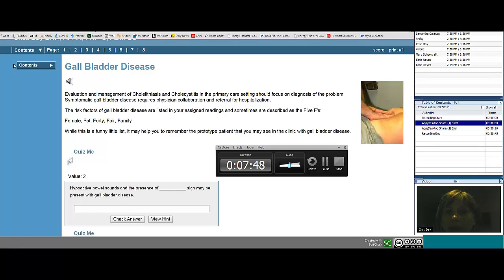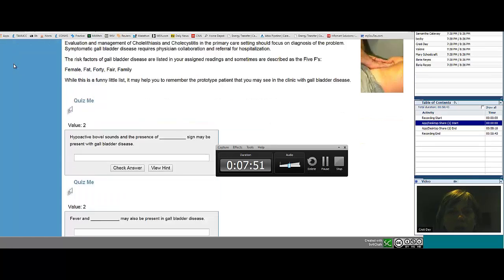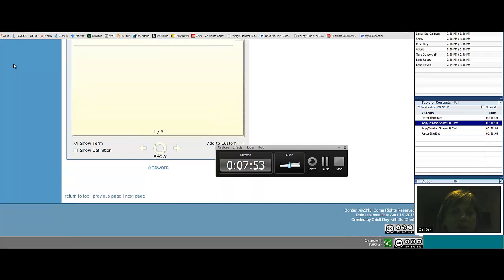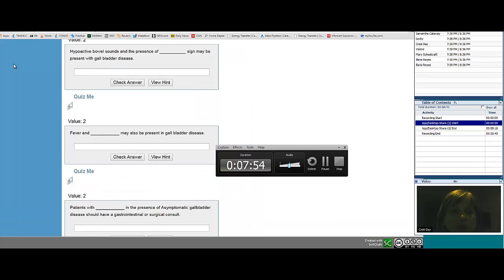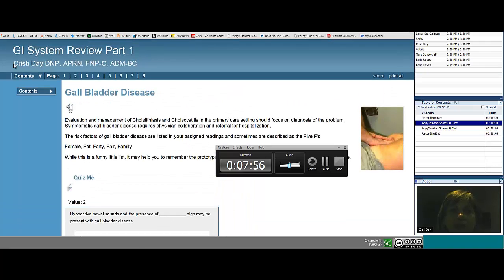Okay, so gallbladder disease. I gave you a little recording on this one too, right at the top. The main thing is that you know the difference between cholelithiasis and cholecystitis, and you know your risk for it. Who do you expect to see with it?